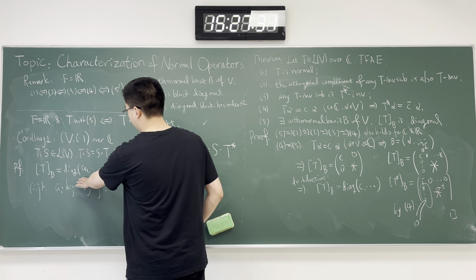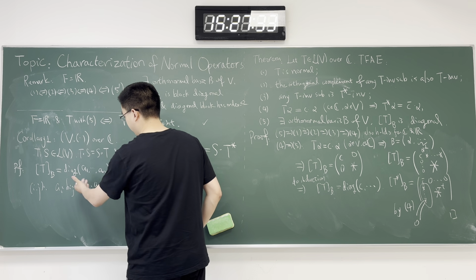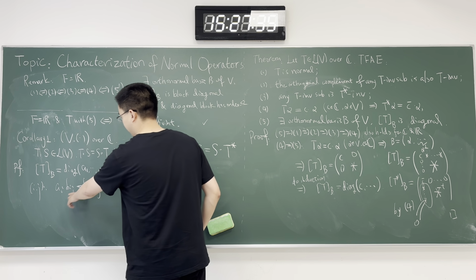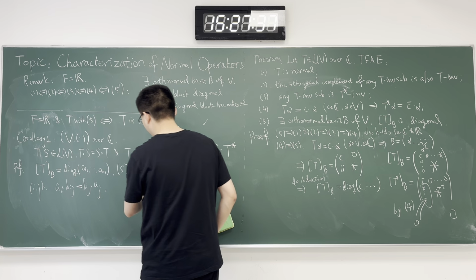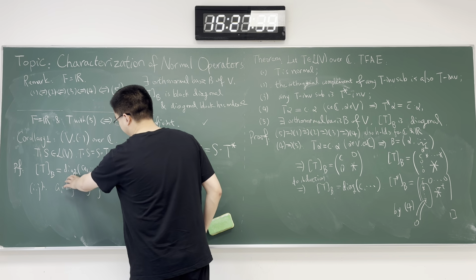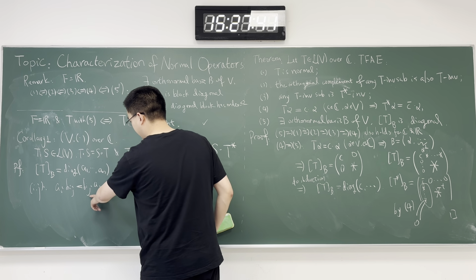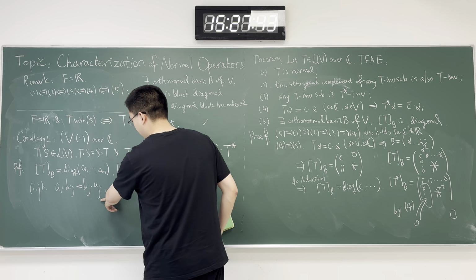The left multiplication by a diagonal matrix multiplies the ith row by the ith coordinate, and the right multiplication by a diagonal one multiplies the jth column by the jth coordinate.